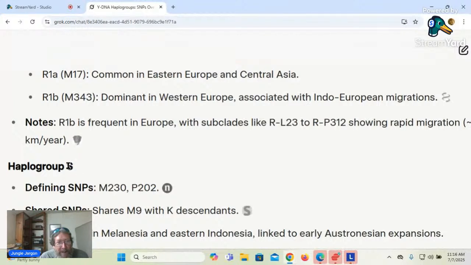The only other Eurasian haplogroup in the area of the M and the S is the K. So they didn't just fall from the sky.